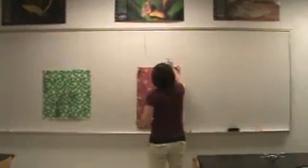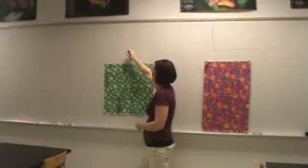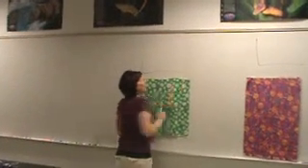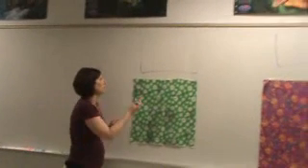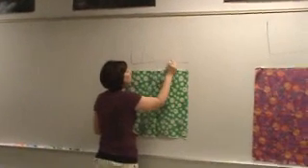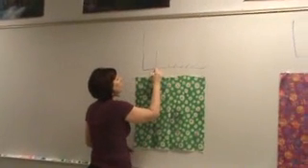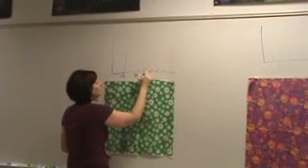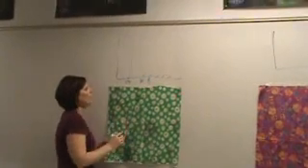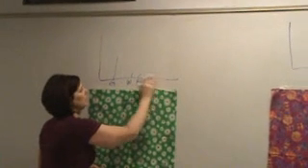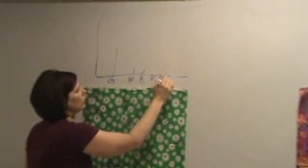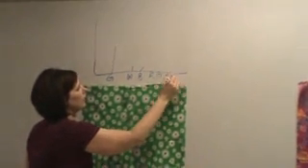Back here, they tape up their habitats, and then they record their results. They have their graph, and they list all the colors, maybe this is white, maybe this is brown: red, orange, pink, purple.